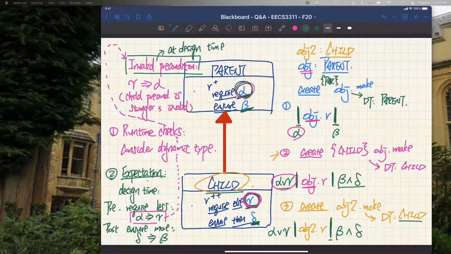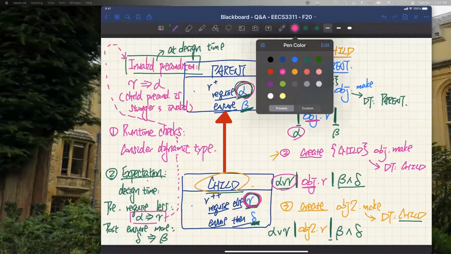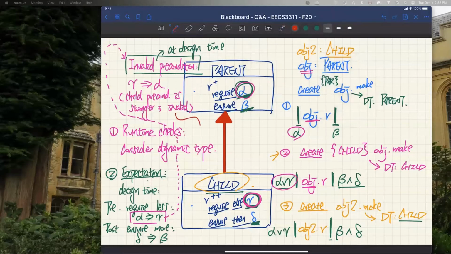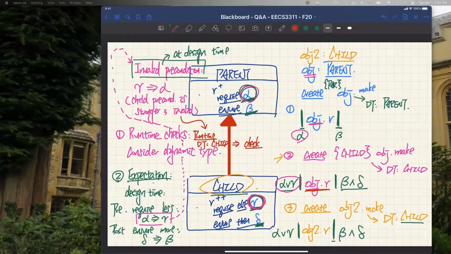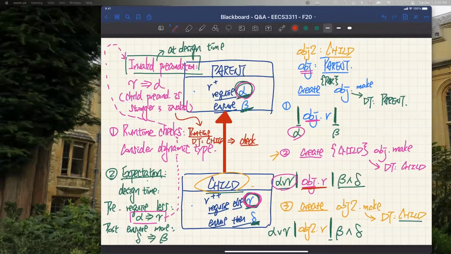Okay, and then let's go a little bit further. Given this particular invalid design, what's going to happen at the runtime? At the runtime, let's say the dynamic type is actually the child. We know that we're going to check the precondition, which is going to be basically like this case. The child class is the dynamic type, so we're going to check alpha or gamma.